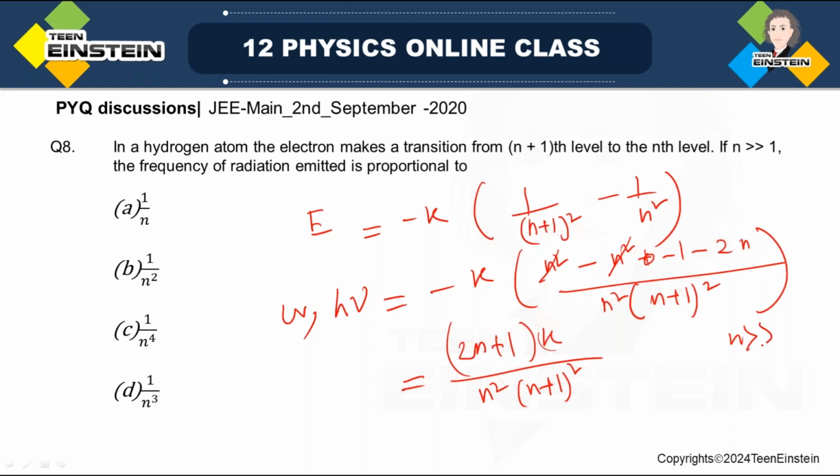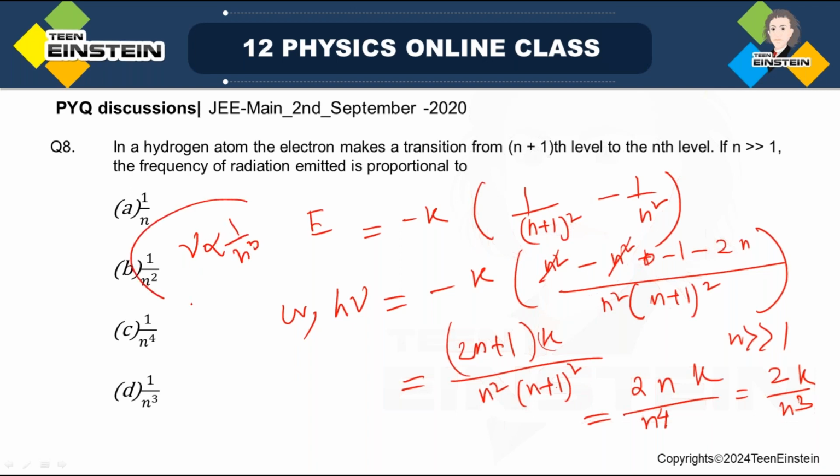Now since n is much greater than 1, I can neglect these, so you get 2n divided by n to the power 4, and k is there, so this is proportional to 1 by n cube.